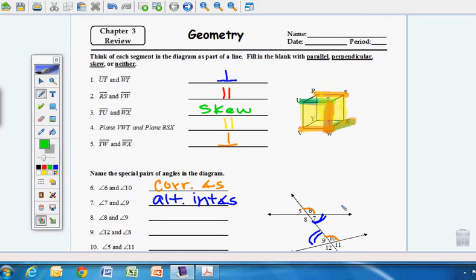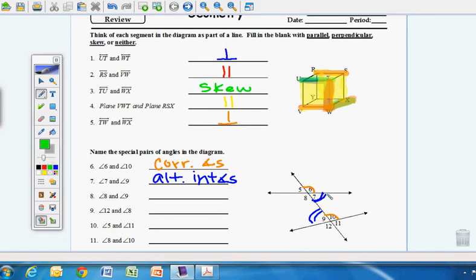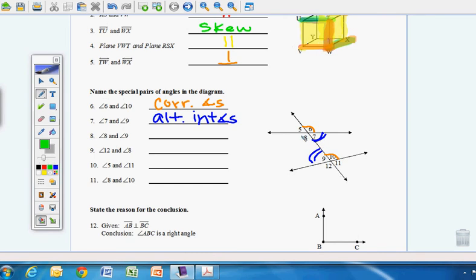Let's take a look at 8 and 9. I'm going to move this down just a little bit. So 8 we have is here, and 9 is in here. They're on the same side of this transversal, and they're interior, so these are going to be consecutive interior angles.